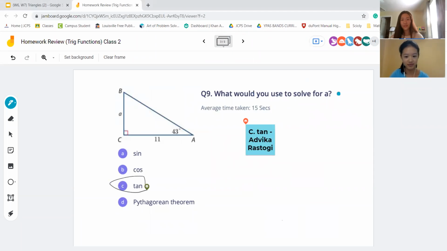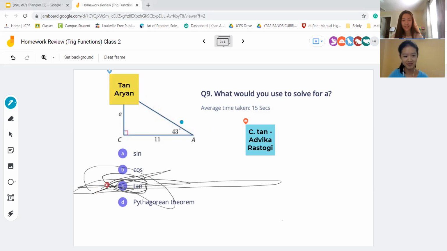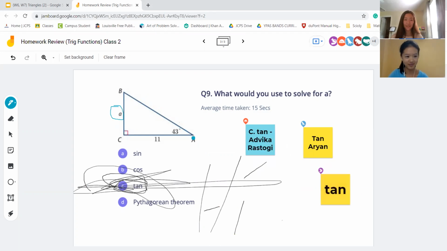Okay, third one. What would you use to solve for A? Somebody already circled the answer, but A is, oh, it's this A, not the angle. Our reference angle is this one, and the other side that we know is this one right here.